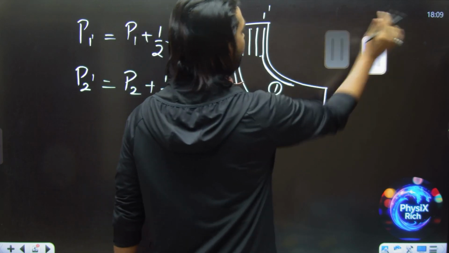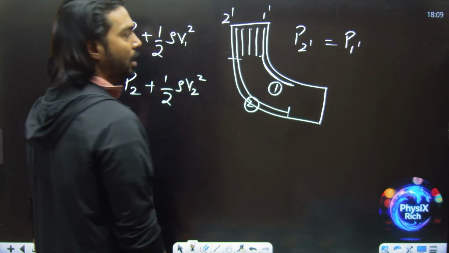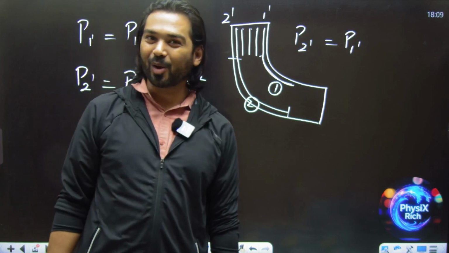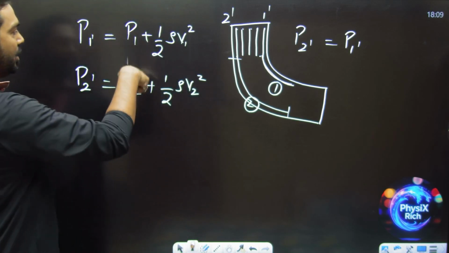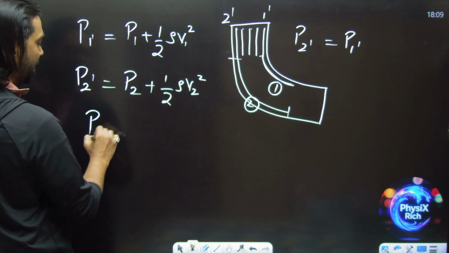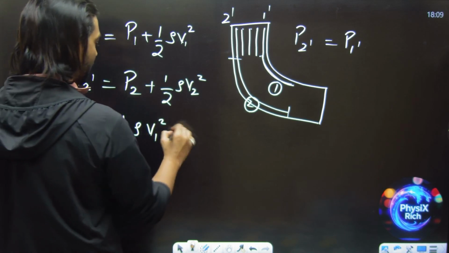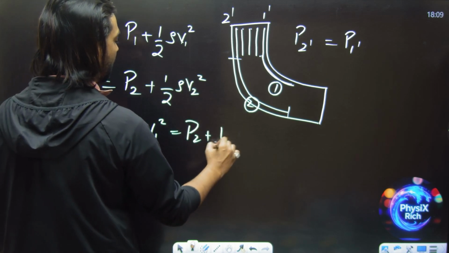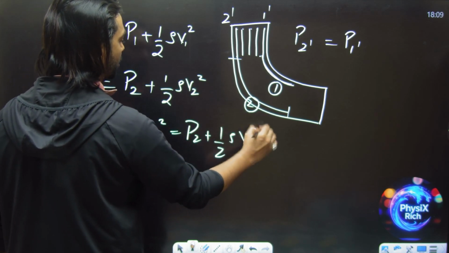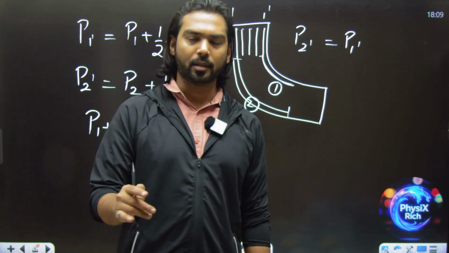So the pressure at 2 dash and the pressure at 1 dash have to be the same. All right, which is why I can equate these two equations. So I can just simply say that P1 plus half rho V1 square equals P2 plus half rho V2 square. Please do not get confused about the equation of continuity and all that in this question.